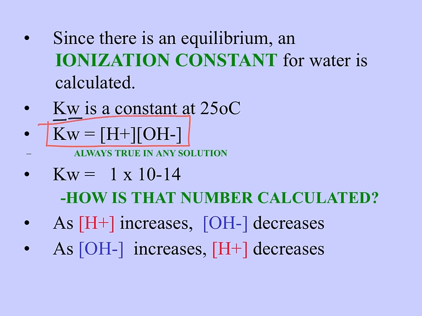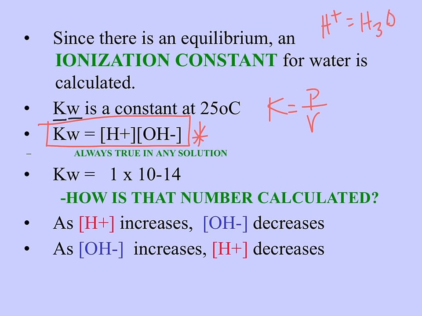Okay? And the reason why, if you go back and look at your self-ionization reaction, remember when you write out your K expression, we write products over reactants. So notice that these here were on the product side. Remember, H plus is the same thing as H3O plus.